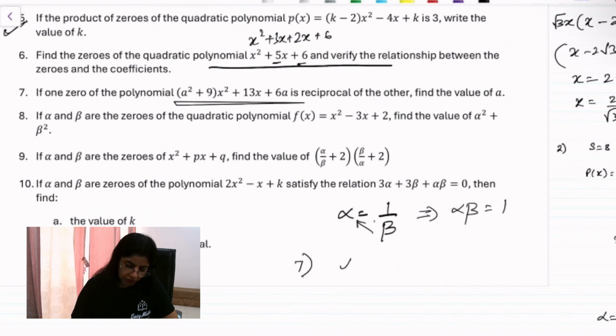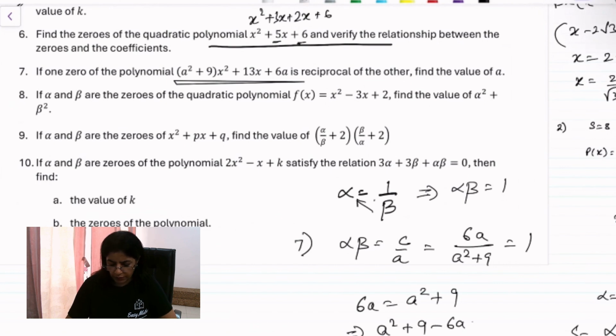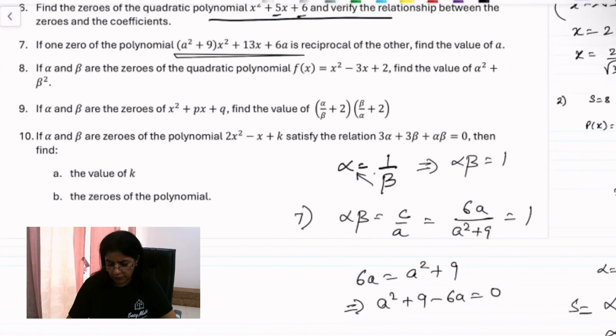The equation here given is this. According to the polynomial, seventh question, alpha beta will be equal to c upon a, that is 6a upon a square plus 9, which is equal to 1. So we get 6a is equal to a square plus 9, which implies a square plus 9 minus 6a is equal to 0.